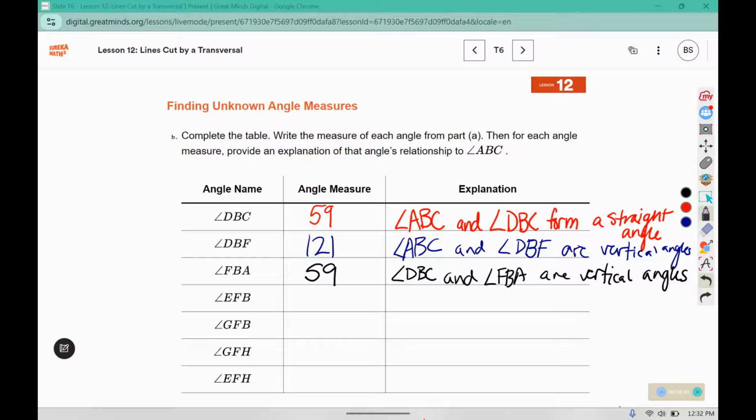Angle EFB was 121 degrees, and that was because angle ABC and angle EFB are corresponding.